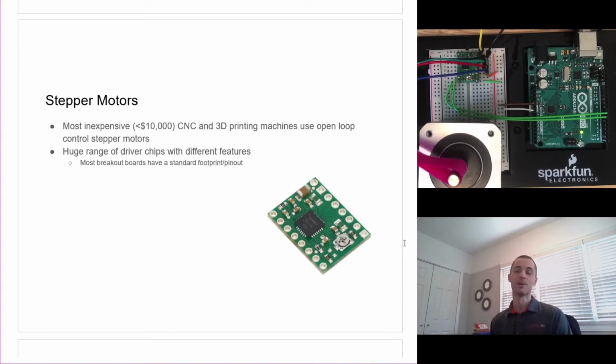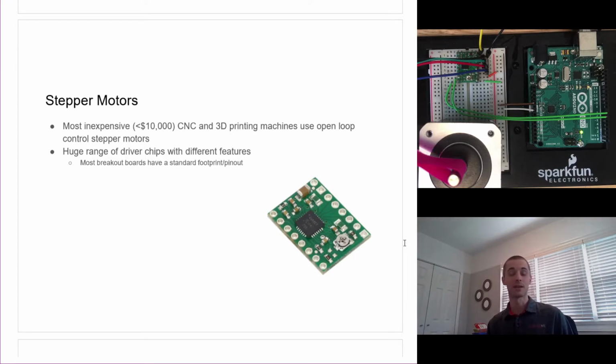Incredibly cheap now. 3D printers are available, some on the order of like $150. Not ones that I'd recommend buying, but they are there, and they all use open loop control of stepper motors for moving things around and extruding plastic.